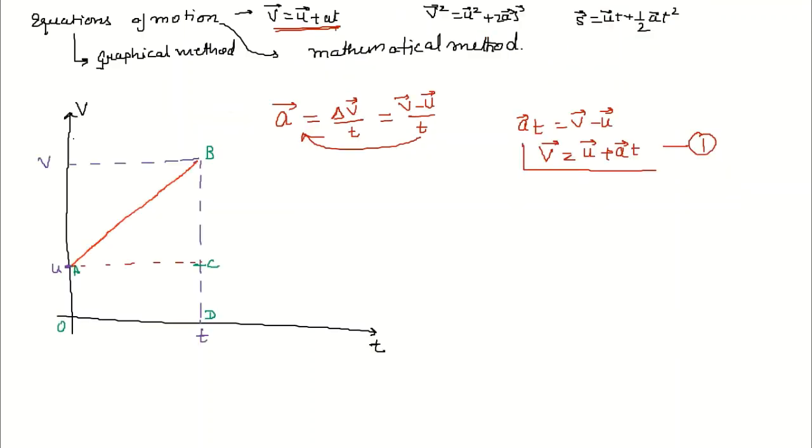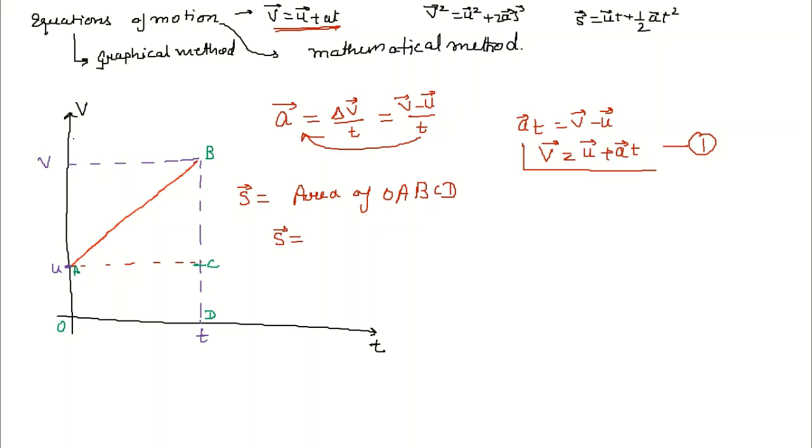Now there are two methods to find the area of the region O, A, B, C, D. So the displacement S is equal to, how will we find the area? We have two ways.